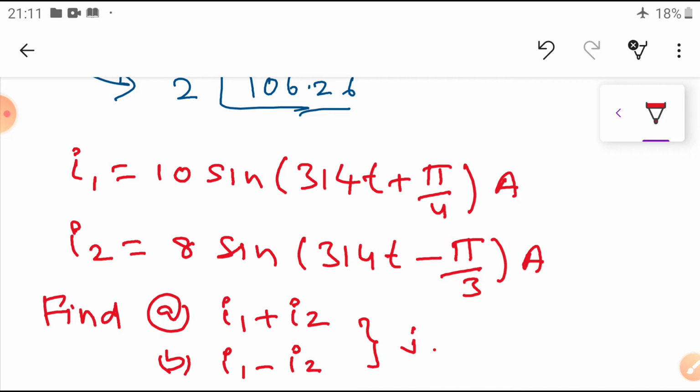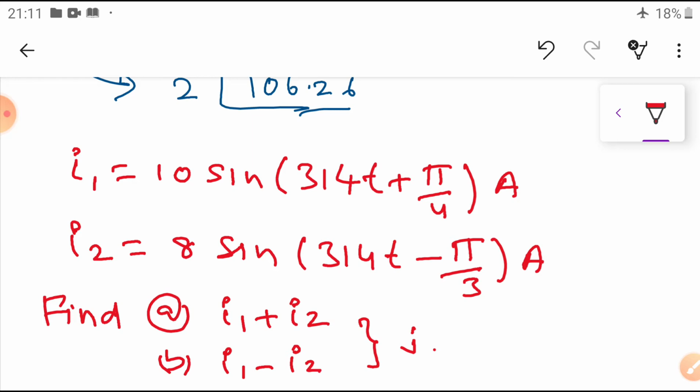So, two currents I1 and I2 are given by the expressions: I1 is equal to 10 sine 314t plus 5 pi by 4 amperes, and I2 is equal to 8 sine 314t minus 5 pi by 3 amperes. Find A equal to I1 plus I2 and B equal to I1 minus I2 using j notation. Very easy, do not worry. Just apply the basics we have seen.